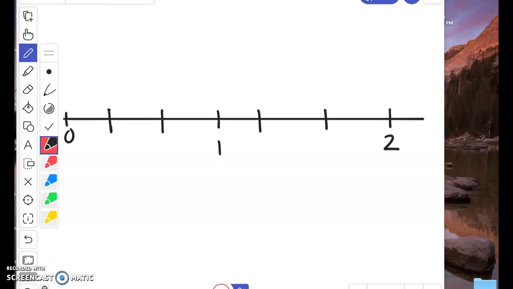I want you to find and label for me 2/3 and also 5/3. So you're going to pause right now and do that, and then after you're done, you can unpause, and the very end of the video will show you where they are. So you're pausing now.